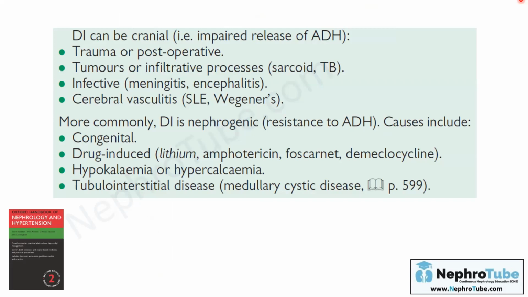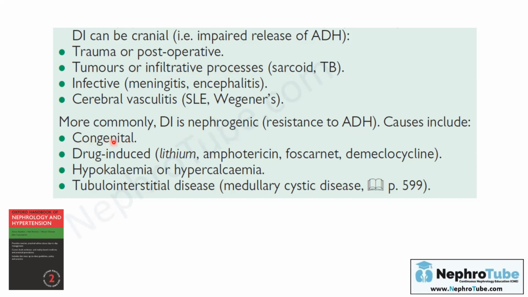Diabetes insipidus causes may be central. There is an impaired release of ADH, which in summary may be related to any injury to the pituitary gland, the posterior pituitary, due to trauma or post-operative states, tumors or infiltration, infection, and cerebral vasculitis. While in nephrogenic diabetes insipidus, the pituitary is normal, but there is a resistance to ADH.